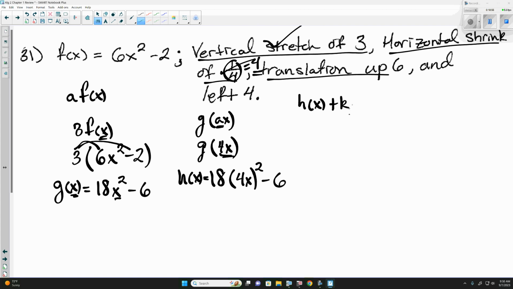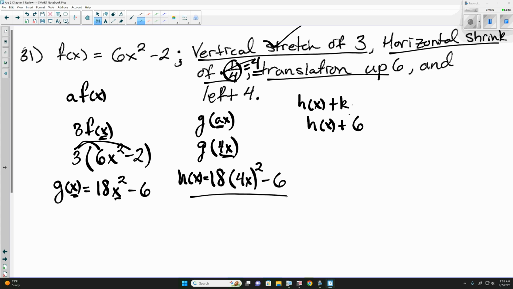And hopefully, as you're seeing again, everything's the same. It's just we're changing whatever letter. So the question, why do we keep changing it?